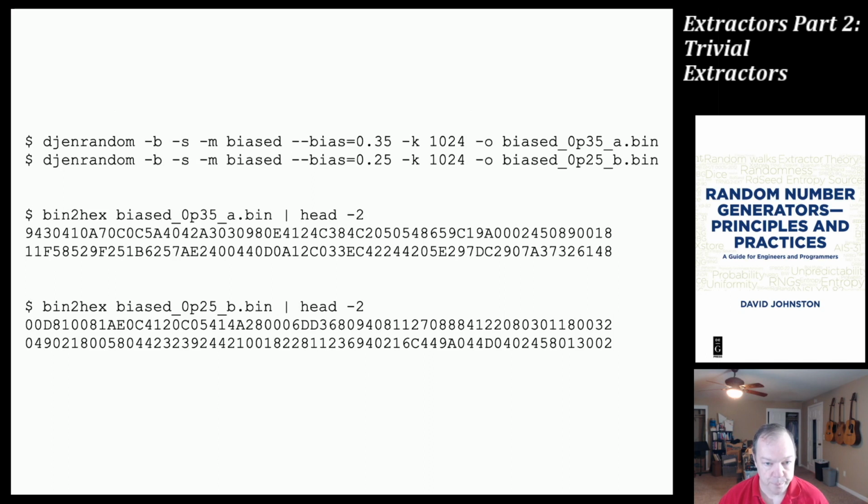So here is a command line for generating 1 megabyte of biased data with a bias of 0.35 and a megabyte of biased data with a bias of 0.25, and we've put these in some files, and we've just looked at the first 2 lines in these files as hex characters, and we can see what they look like.